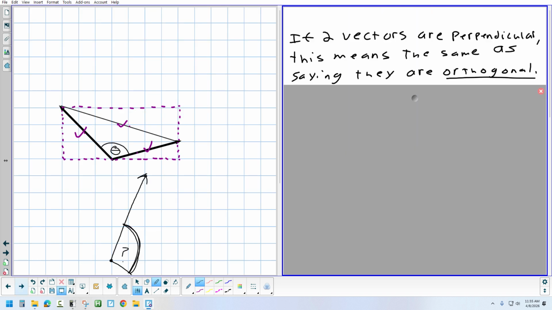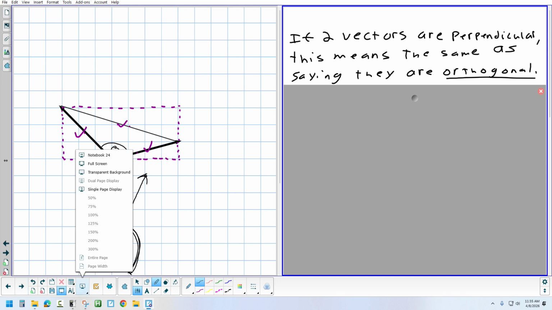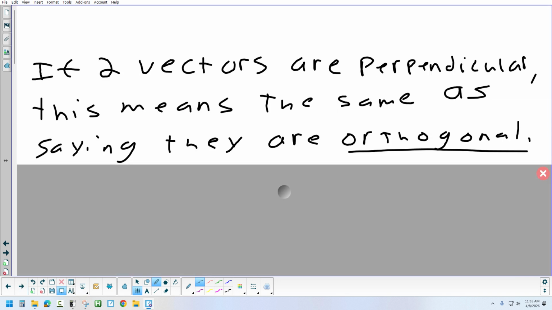So 90 means that the 2 vectors are perpendicular to each other. When 2 vectors are perpendicular, the word they use to describe that is orthogonal. That's how you say that. Orthogonal. So if I ask you on the test, are the following vectors orthogonal, and you ask me, what does orthogonal mean? I won't tell you. You need to know that orthogonal means perpendicular.